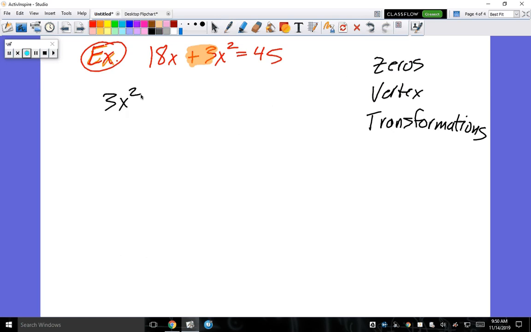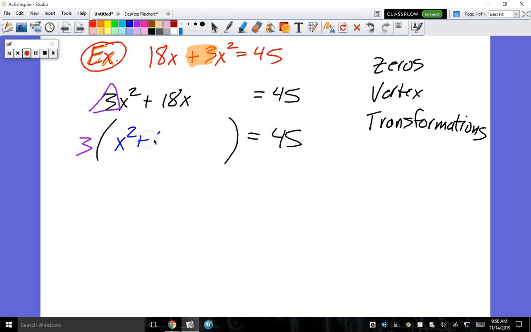So here we go. 3x squared plus 18x. They already are on their own side. The change is I need to factor 3 out from what I have just on the left side, so my scraps are x squared plus 6x. This is that new b that I'm going to do b over 2 squared.